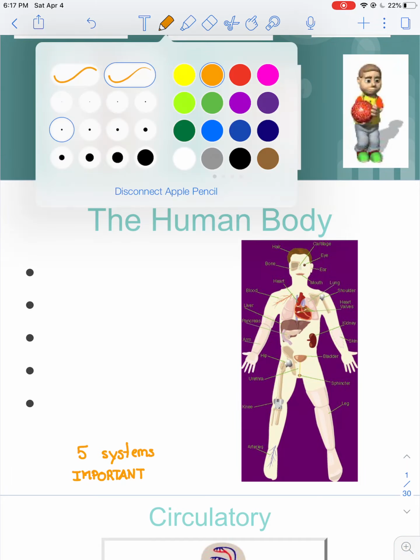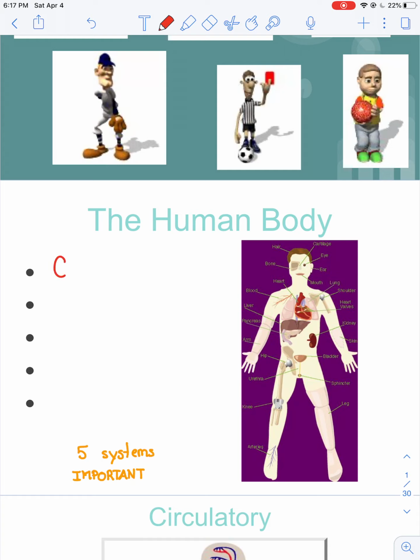We have the first one that is called the circulatory system. Le système circulatoire. Example, blood, arteries, veins.